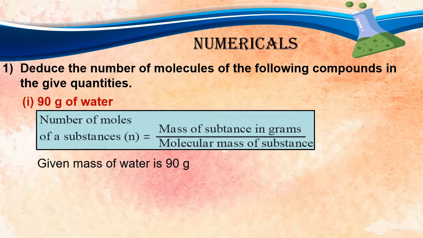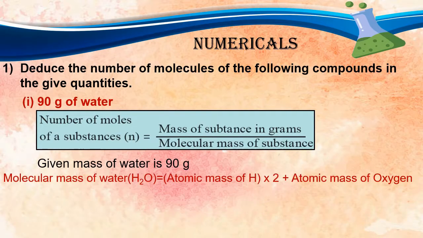Let us calculate the molecular mass of water. For that we have to add atomic mass of hydrogen and atomic mass of oxygen. Here we need to multiply the atomic mass of hydrogen by 2 because there are 2 hydrogen atoms present in water.